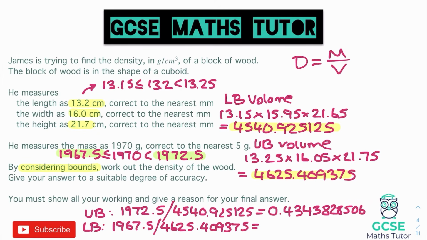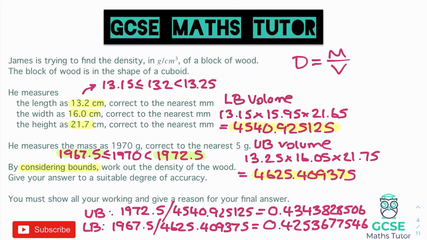So 1967.5 divided by 4625.409375 equals, and there we go, we get 0.42536577546. Perfect. So there we go, we have our upper bound and our lower bound for our density.